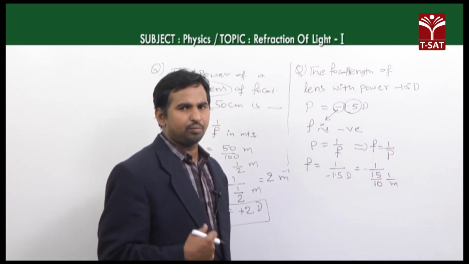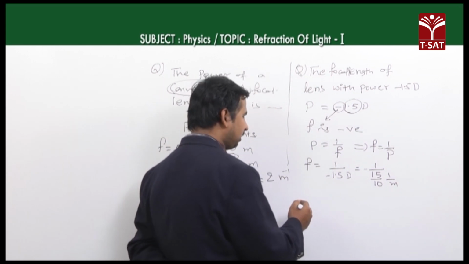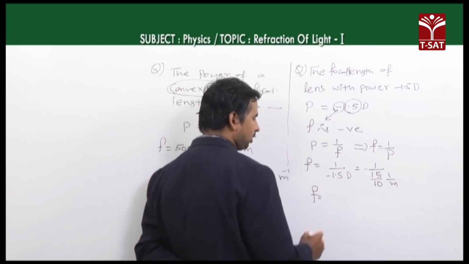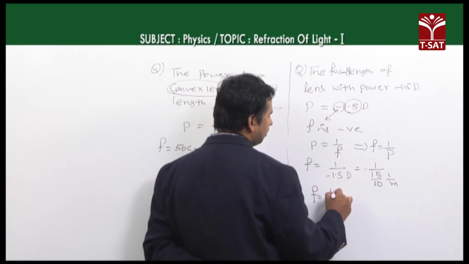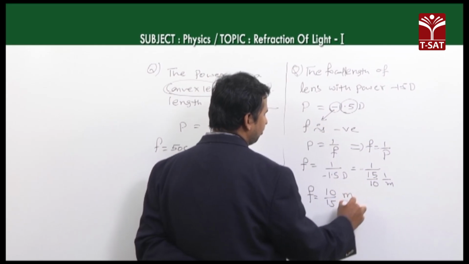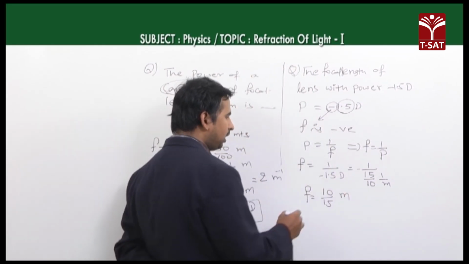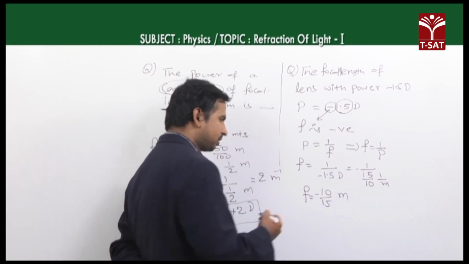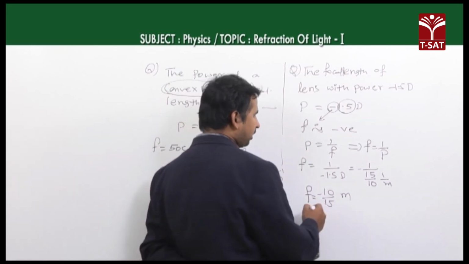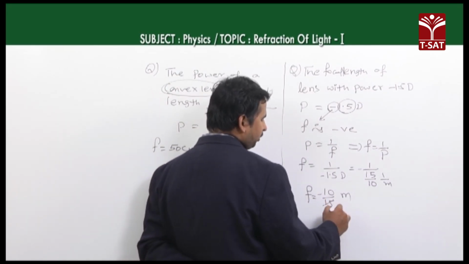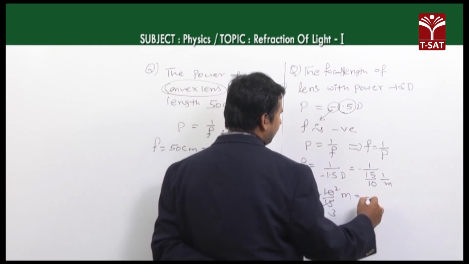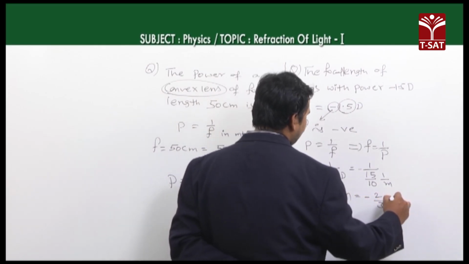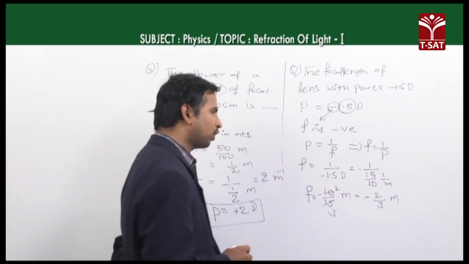That 1 by meter comes to the numerator, so focal length f is equal to minus 10 by 15 meters. Five threes are 15 and five twos are 10, so we get minus 2 by 3 meters. That is the focal length we got.